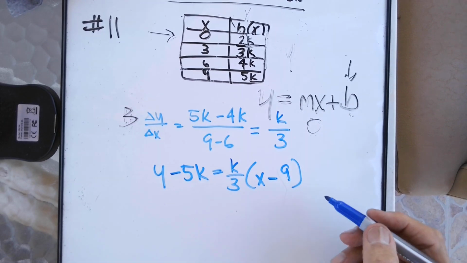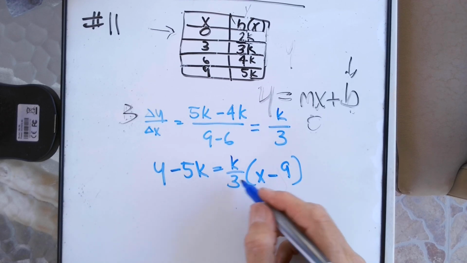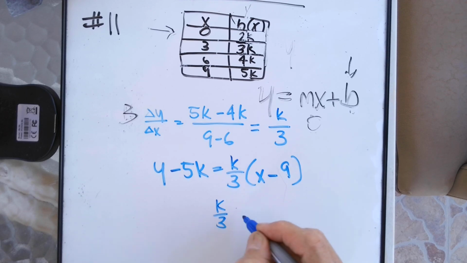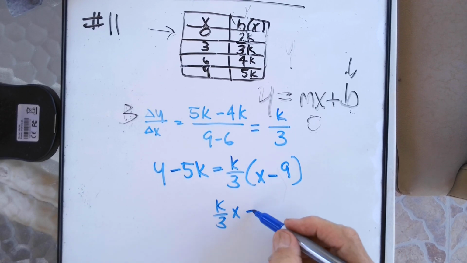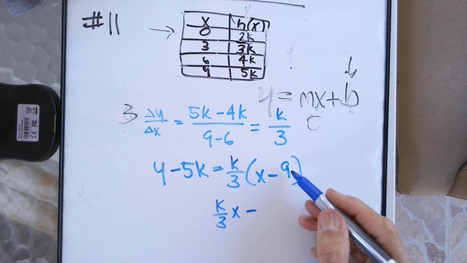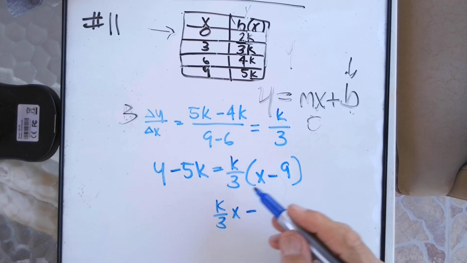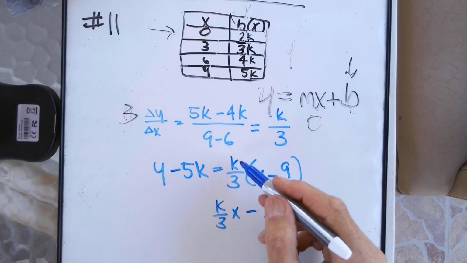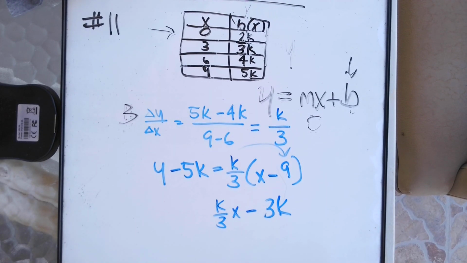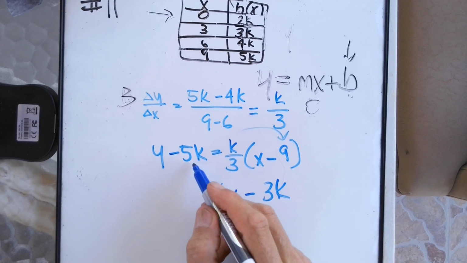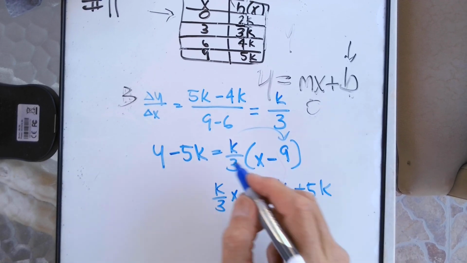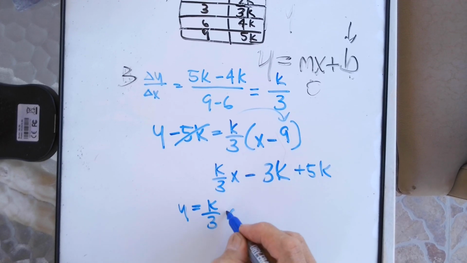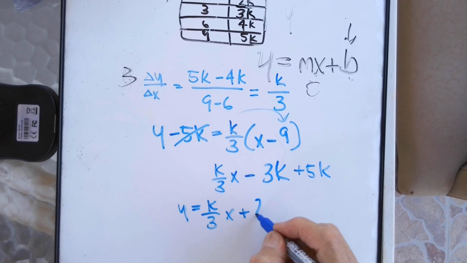So let's work with this equation, and I can see if I distribute this k over 3, I get k over 3x, and it's a minus k times 9 over 3, which is just a minus 3k. When I multiply this times this, I'm going to get minus 3k. Now I'm going to move this 5k to the other side by adding 5k to both sides. And I can see that my equation of the final line is k over 3x plus 2k.